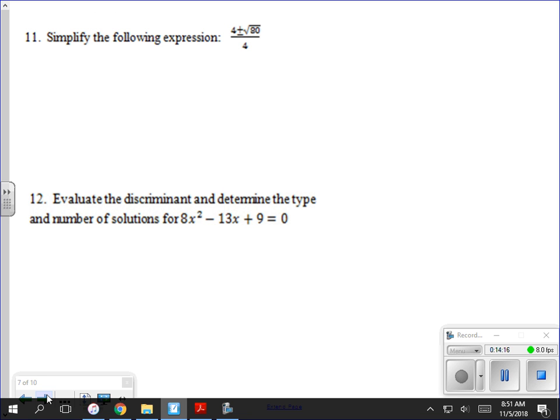Number 11, simplify the following expression. 4 plus or minus square root of 80 over 4. So I need to simplify the square root. Okay, I can't divide it yet. Remember step 1, simplify the radical. So 80 is 16 times 5. So the square root of 80 is square root of 16 times square root of 5.